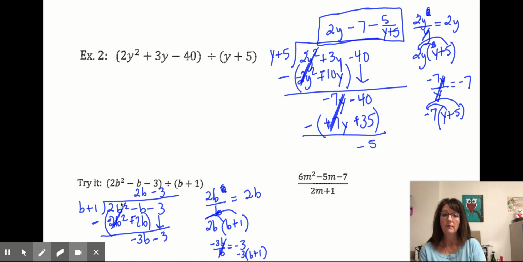So -3 times 1 is a -3, and -3 times b is a -3b. And then we're subtracting that, so it becomes plus plus. And really what happens is this cancels, and we have a 0 remainder. So our quotient then becomes 2b minus 3.